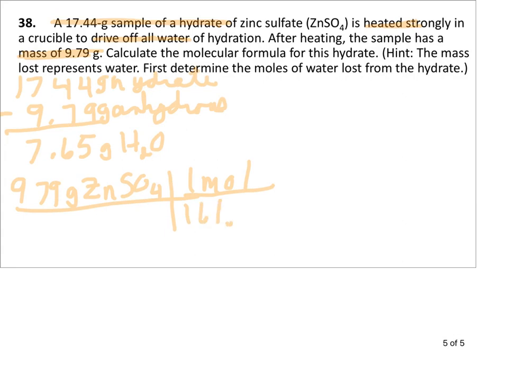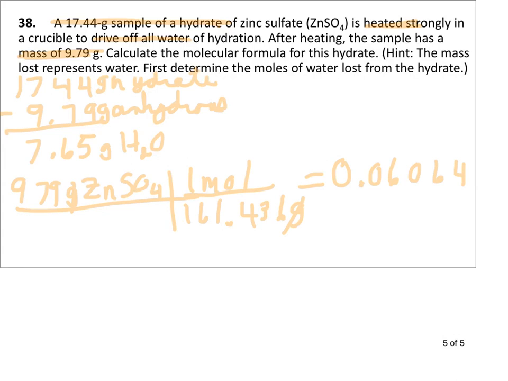And our periodic table, calculating it out, 0.436 grams. Do a little division, we get a nice tiny little number, 0.06064. And that would be moles of the zinc sulfate.